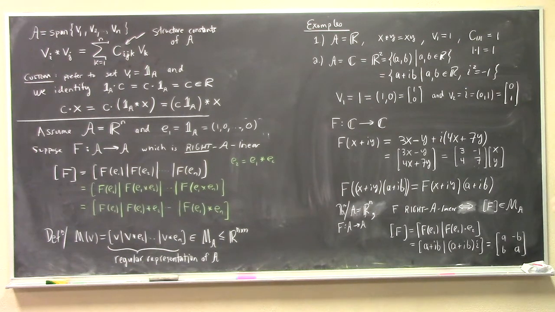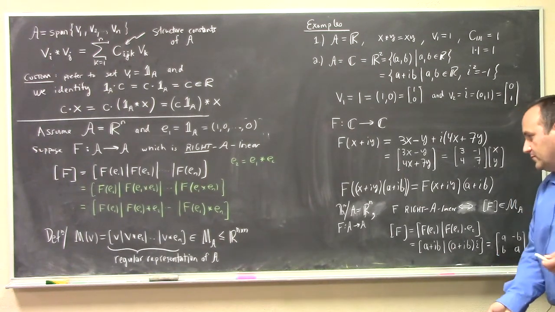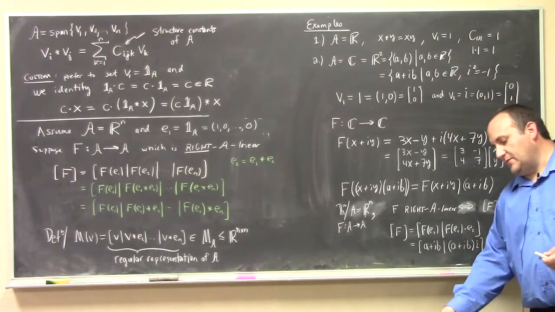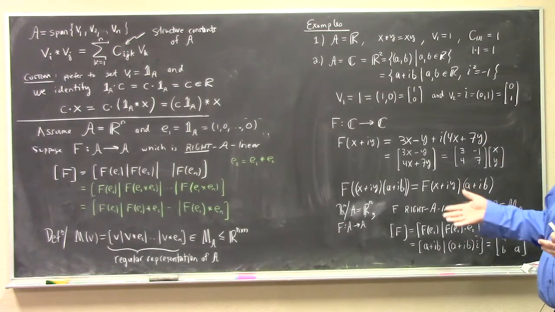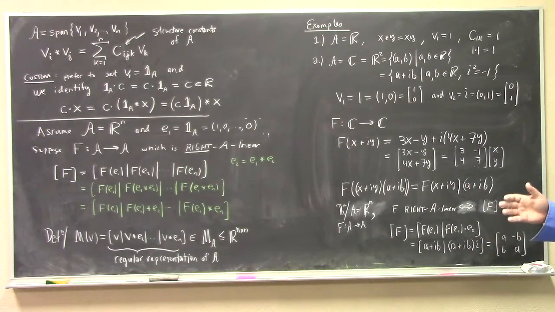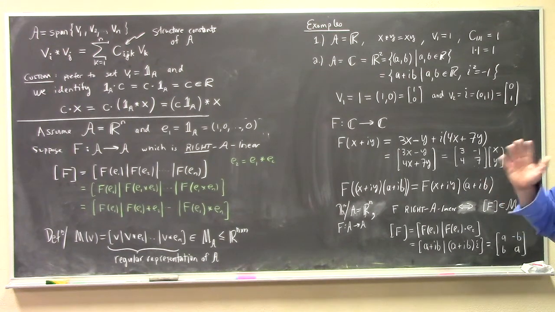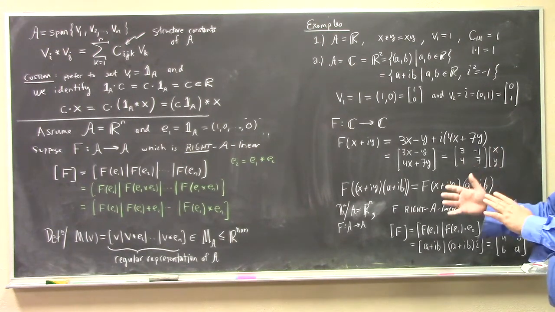As I was warning, right linearity of a linear transformation on an algebra is super special. What's the dimension of all linear transformations on an n-dimensional space? Wouldn't it be n? Nope. If you look at the set of all linear transformations from R2 to R3, you can prove there's a bijection between that space and the space of 2 by 3 matrices.